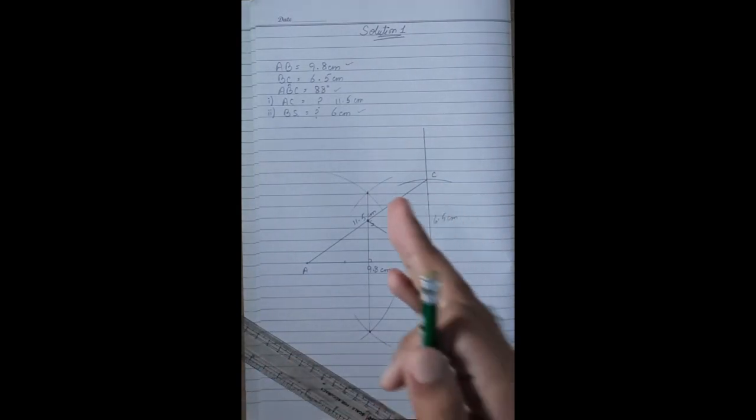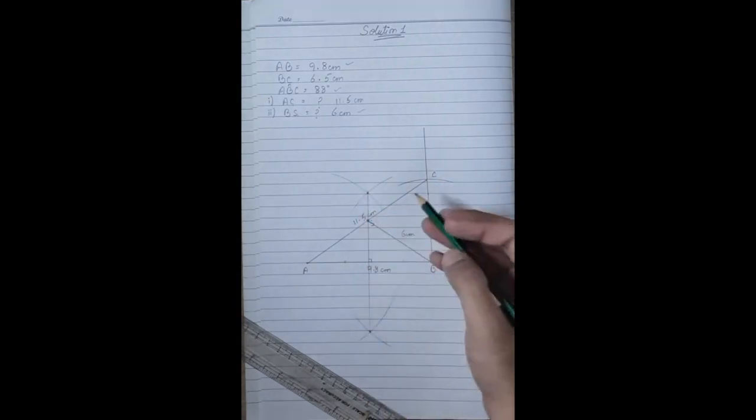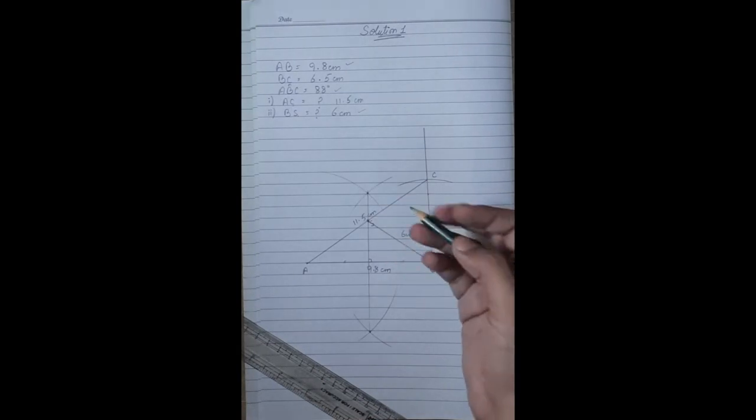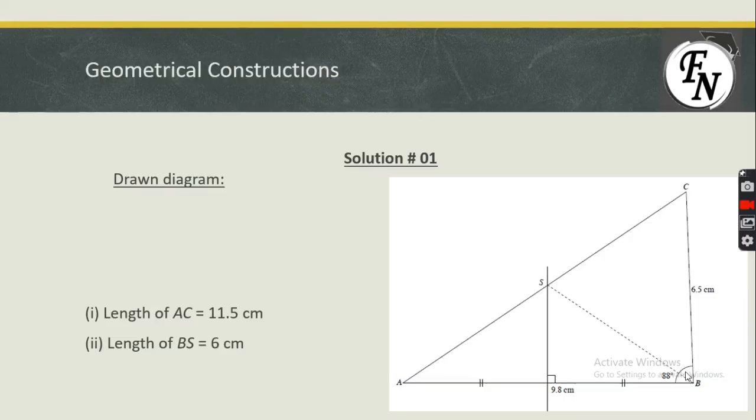Then we will draw the perpendicular bisector of AB, where it cuts AC, we will name it S. Then we will measure the length of BS, and here is the answer. So after the construction, we have obtained this triangle, which has a BC length of 6.5 centimeter, and AB is 9.8 centimeter, and we have drawn the bisector of line AB.